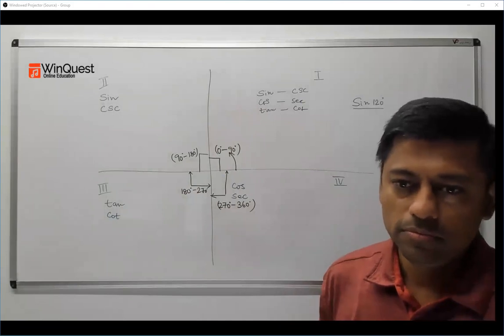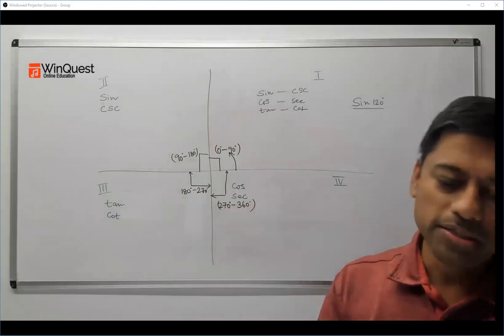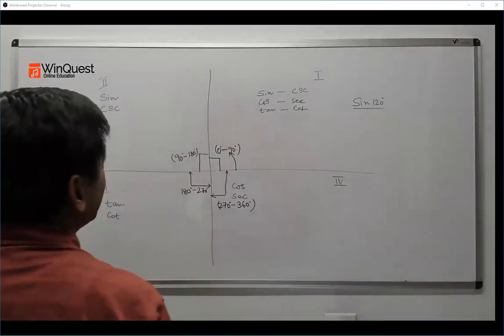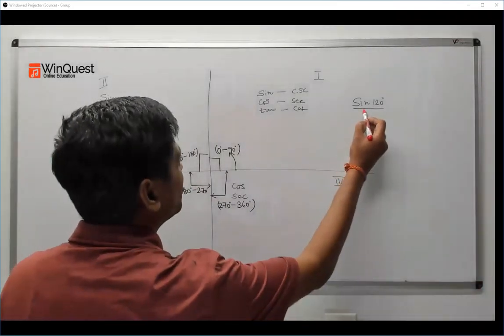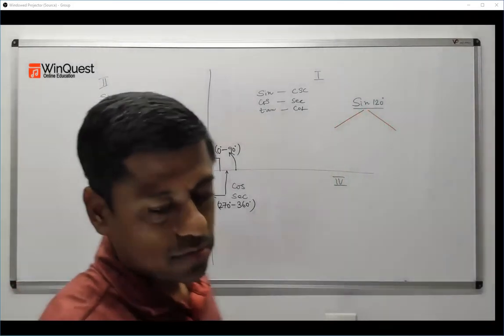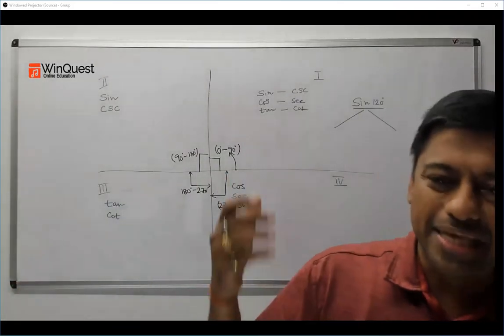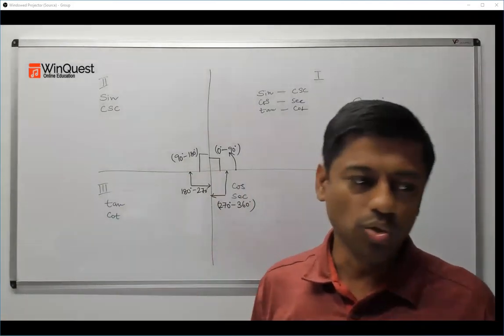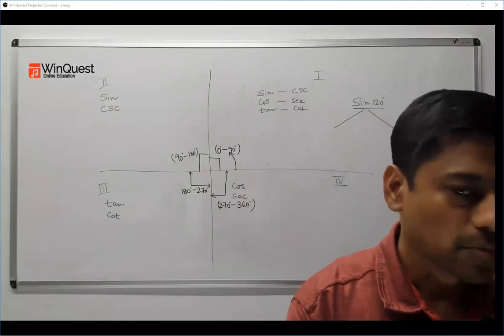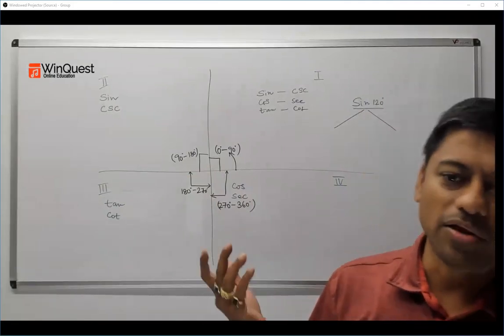Yes. Okay. Now here is the other thing, very, very important. Sine 120 degree is not something whose exact value you know. Do you know the value of sine 120 degree?